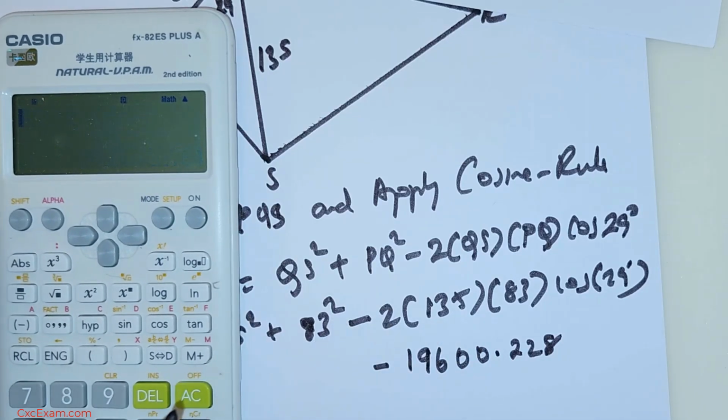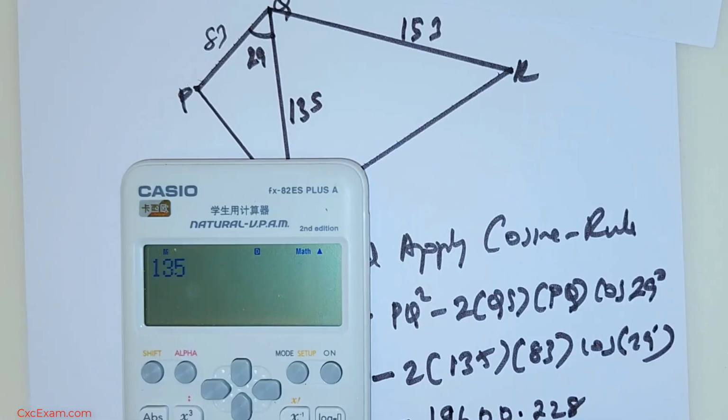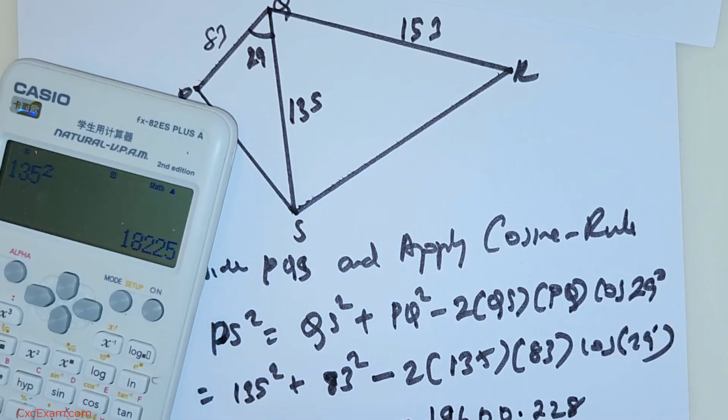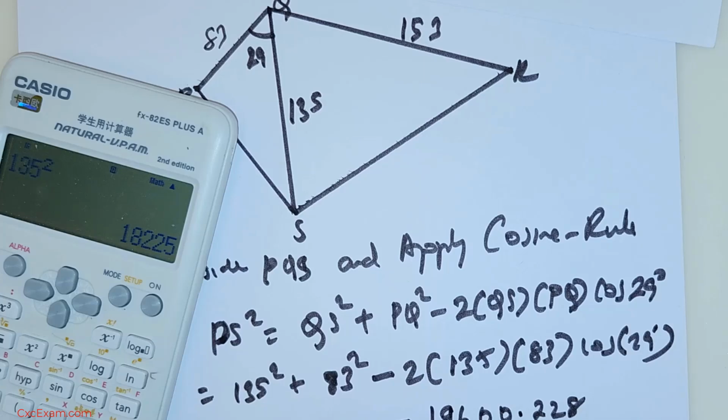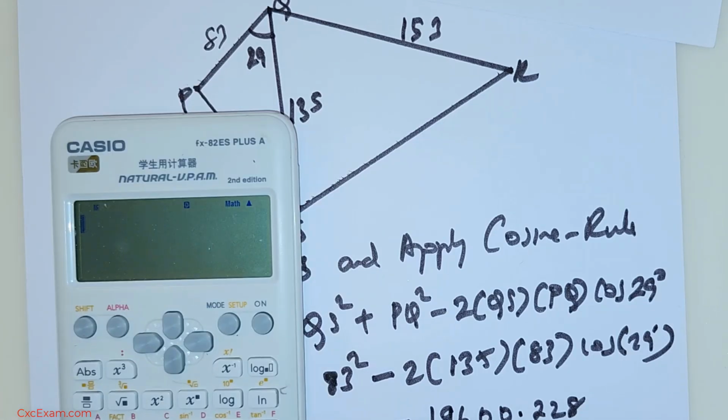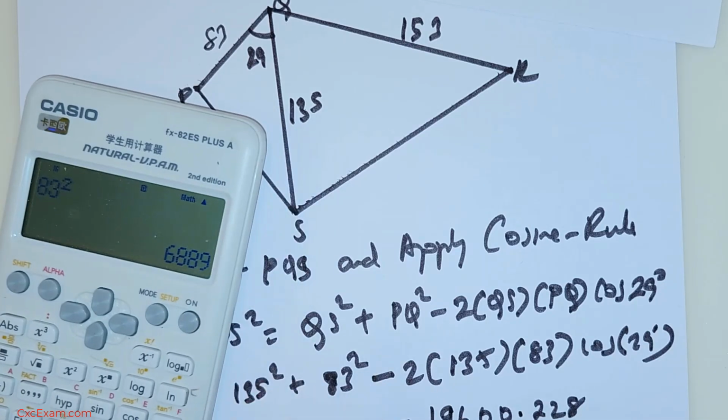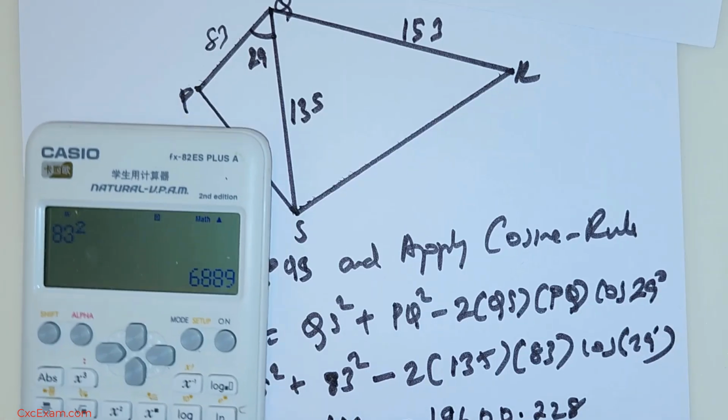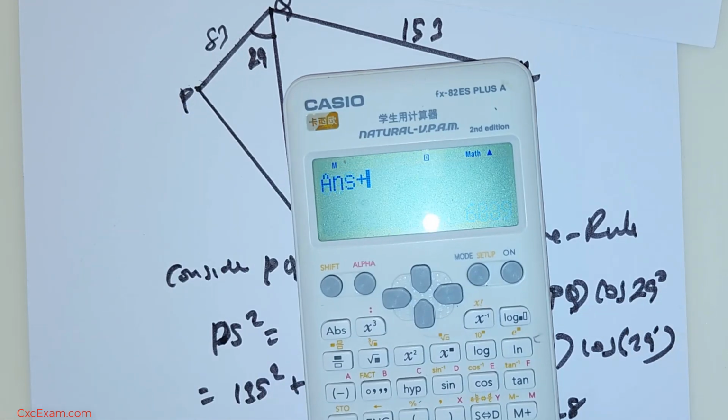Now 135 squared. What is that? 18225. Write that. 18225 plus 83 squared. 83 squared, what do you get? 6889. Okay, to 6889 you add 18225.